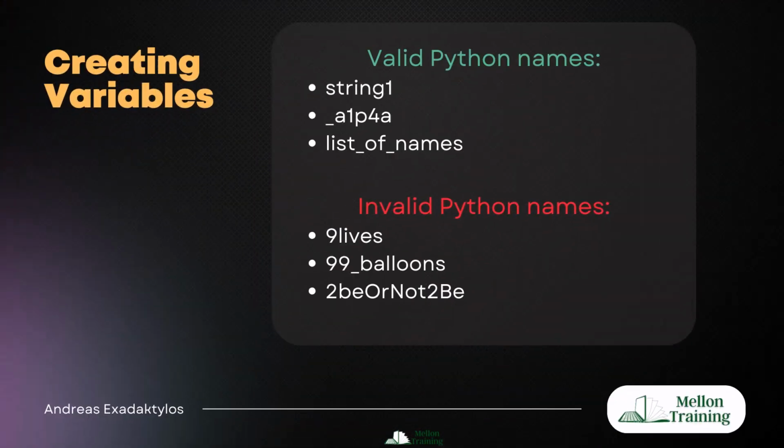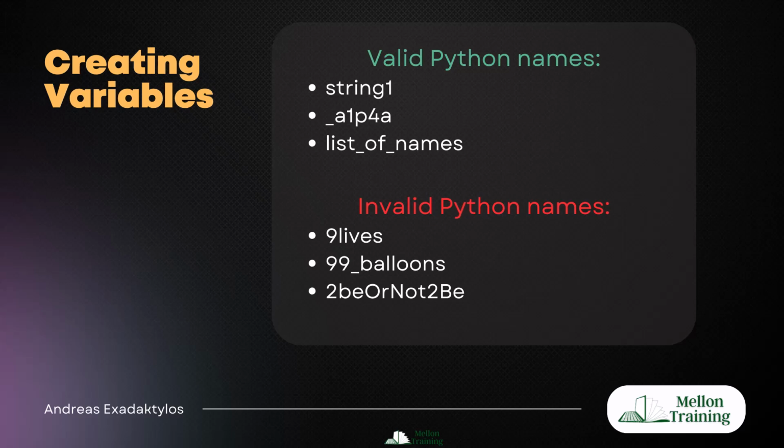A valid Python name could be a_string_1 or an underscore, A1S4, or list_of_cities. Some of the things that would not be valid would be starting with a number, so 5cable or 65tour. So just keep that in mind. You can't start with a number, can't start with a digit.